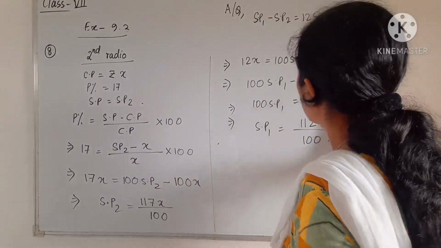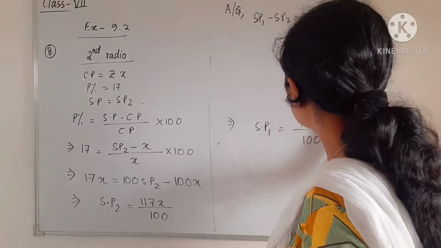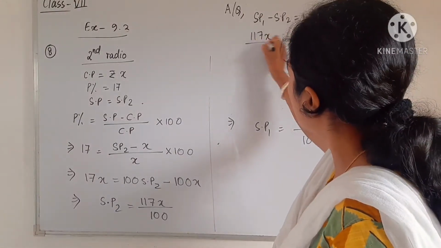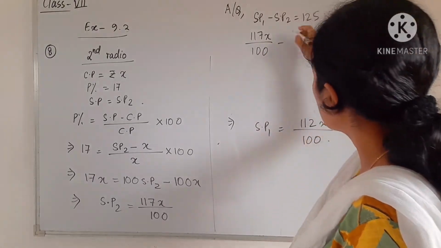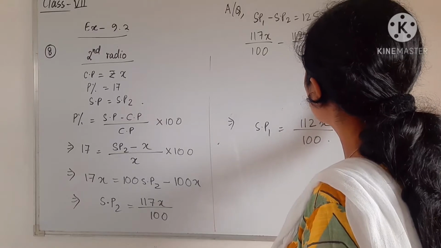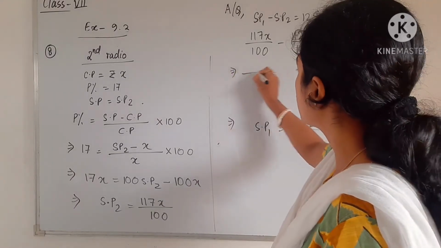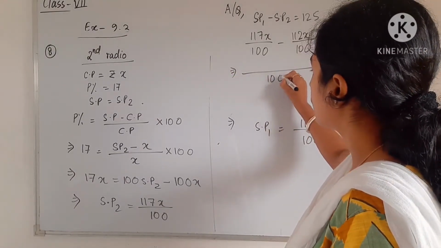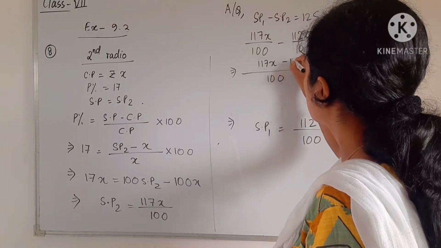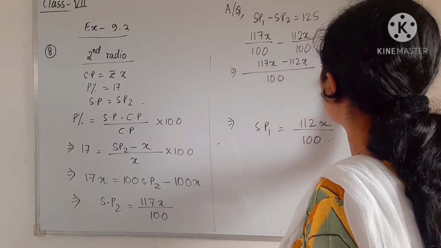So now we have to put the value of SP1 here, that is 117x by 100, and SP2 will be 112x by 100. Next you can easily solve this because the denominator is the same, LCM will be 100 only. So 117x minus 112x will be 125.